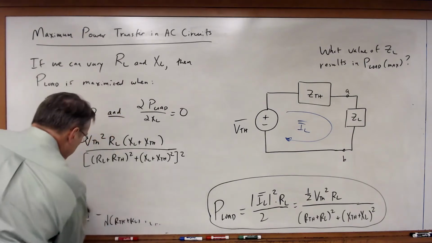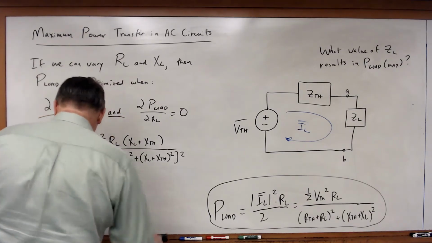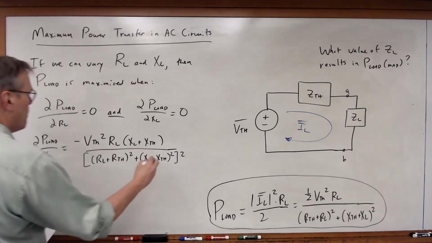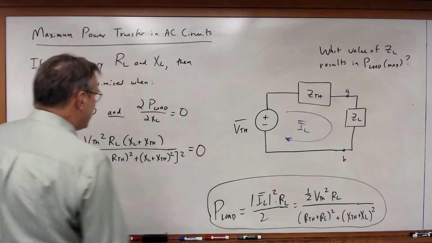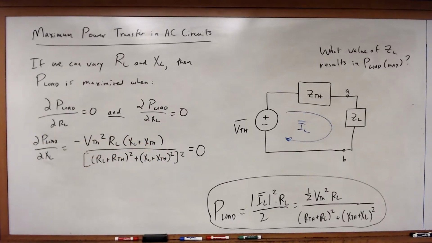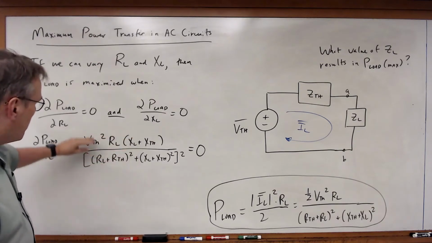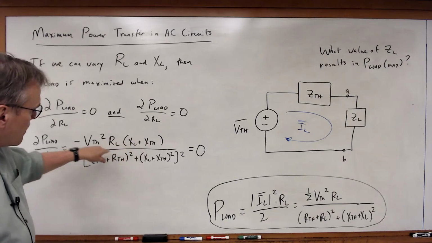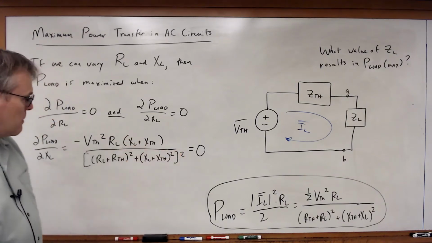And so given this answer, what we find is that we want to set this term equal to 0. Well, what's the obvious way to set all of this term equal to 0? If I set the numerator equal to 0, this becomes 0.